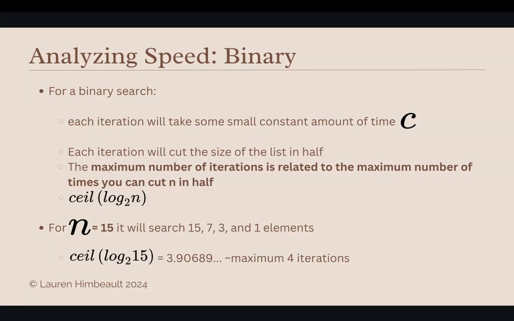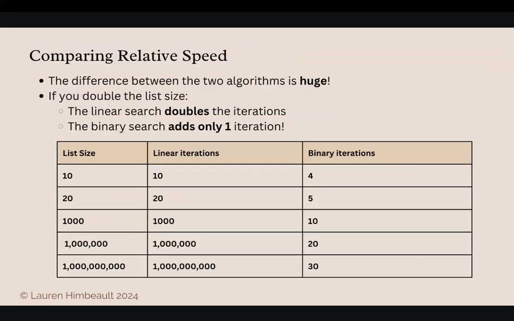So basically we end up with a maximum of 4 iterations for log n, whereas if this was a linear search, for n equals 15, we would end up with a maximum of 15 iterations. So that's how that initial table over here was formed. We took that list size value and basically we did n iterations.